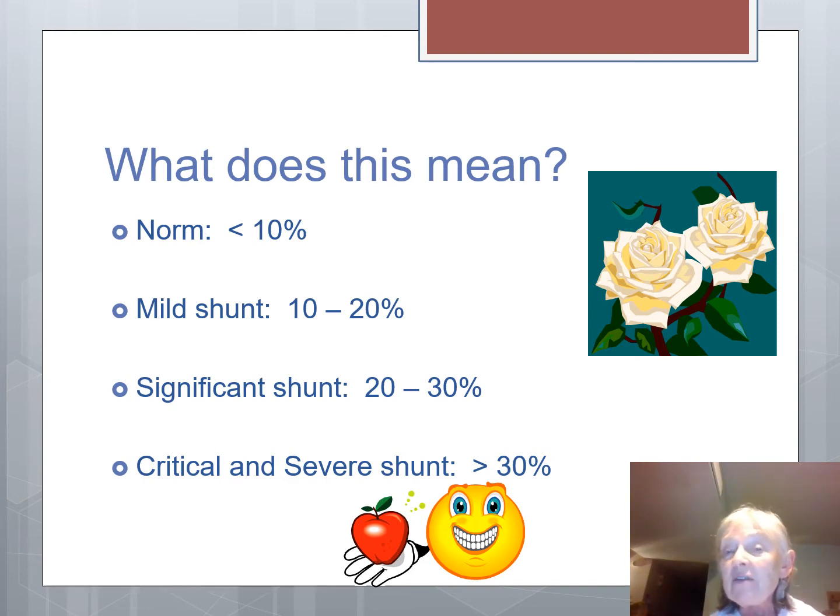To come off of support, you have to be less than 15 to 20%. So the indicator for support with the QS/QT is 15 to 20%. Coming off of support is less than 15 to 20%.